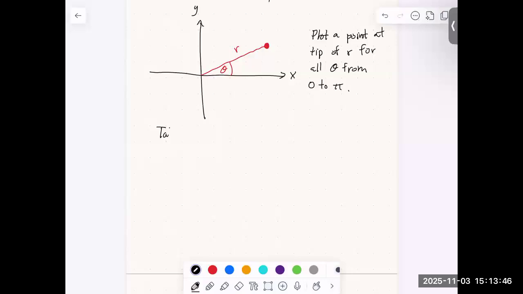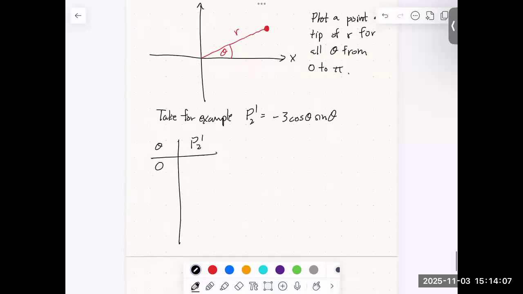So let's take, for example, P21. We worked out P21. It was minus 3 cos theta sine theta. So I'm going to make a table. And so I'm going to pick values of theta.